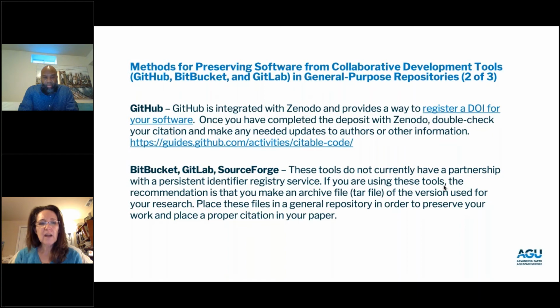But for GitHub, there is a really fantastic integration with Zenodo, and there's a page that walks you through exactly how to work with Zenodo. And then we want to add the double check for you. You can update the citation in Zenodo to make sure it came across correctly, such that the title and authors and everything are correct.